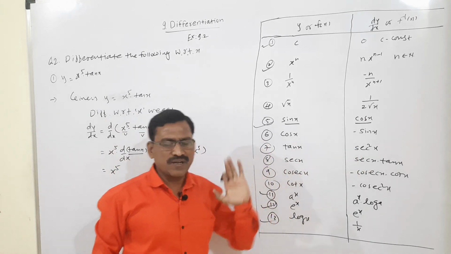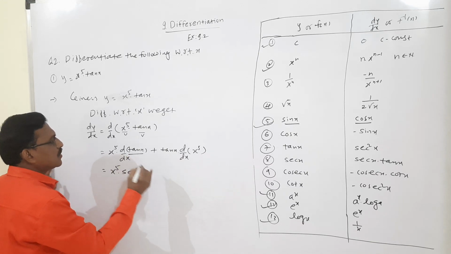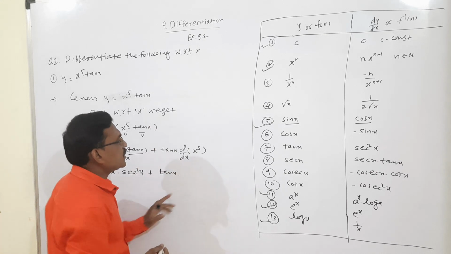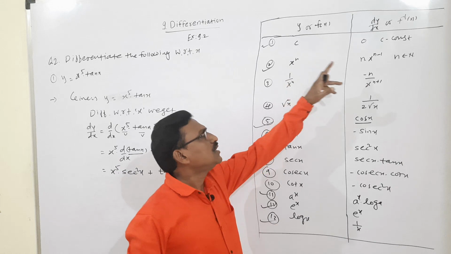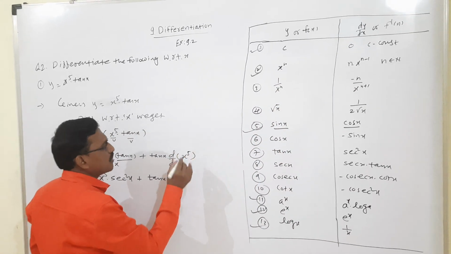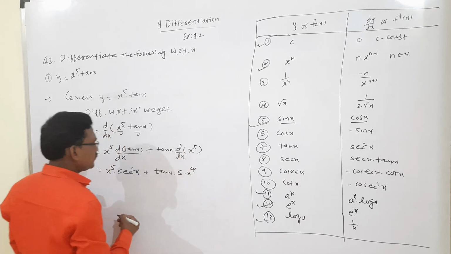derivative of tan x is sec square x, a trigonometric function. Then plus tan x as it is into the derivative of x raised to 5. x raised to 5 is an algebraic function, power function. Its derivative is n into x raised to n minus 1, where n is 5. So therefore 5 into x raised to power 5 minus 1, which is 4.